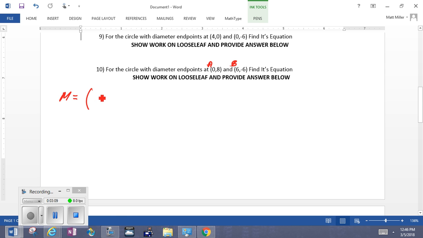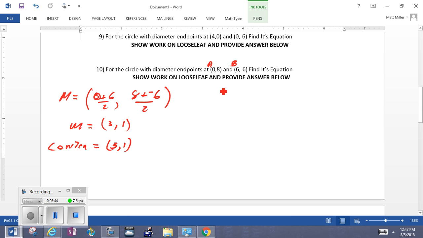And that, of course, is ((0 + 6)/2, (8 + (-6))/2). So the midpoint, which is the center, is 6 over 2, which is 3, and 8 plus negative 6 is 2, over 2, which is 1. So that confirms that the center is (3, 1), no surprise there.